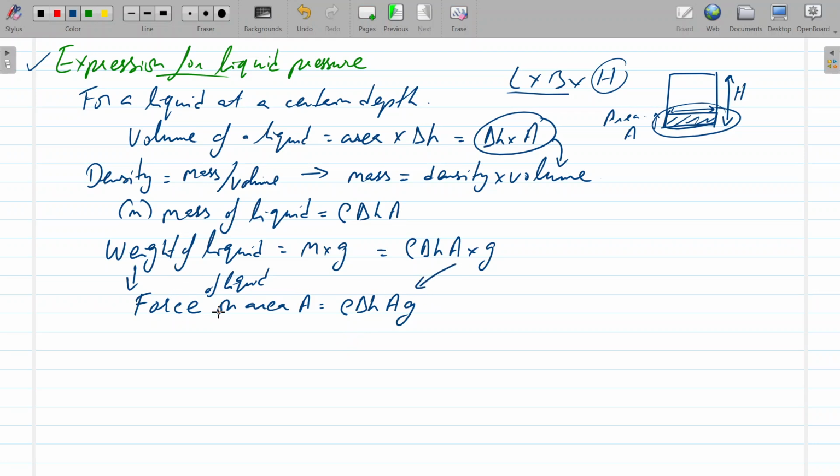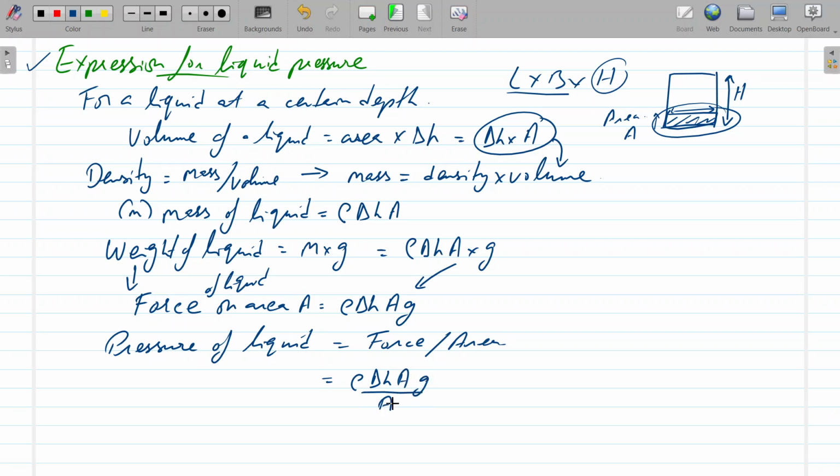We're just calling weight the force acting on the area. Now, here's the interesting thing. What's the formula for pressure? It was force over area, exactly. Force divided by area. So that means rho delta H A g divided by again the area.